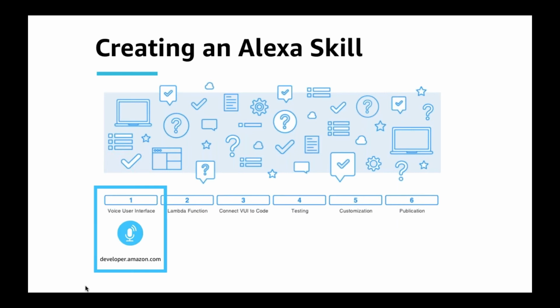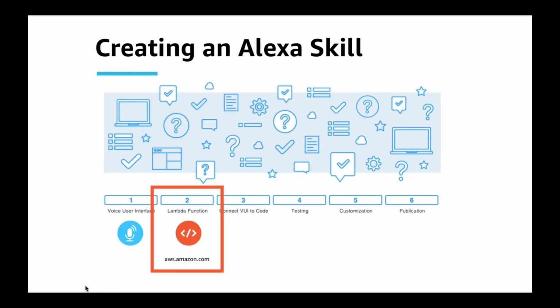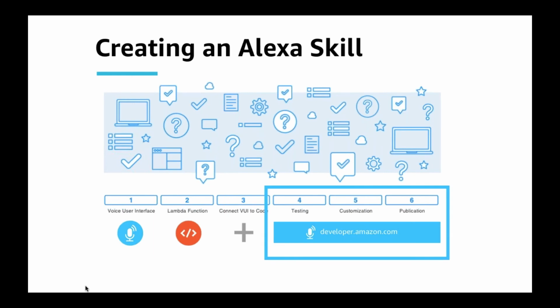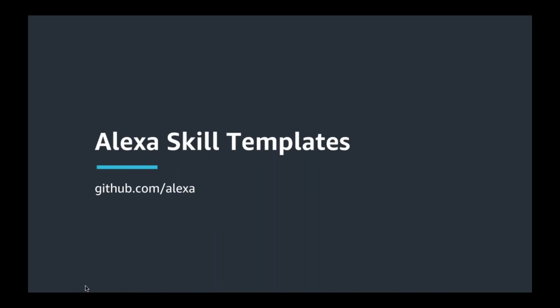So as a quick walkthrough, we will first build the voice user interface. Then we will build the Lambda function. Then we will connect the two so the front end knows how to interact with the back end. Finally, we will test it and do some customization, and then we are ready to publish it once we feel that this is good to go.